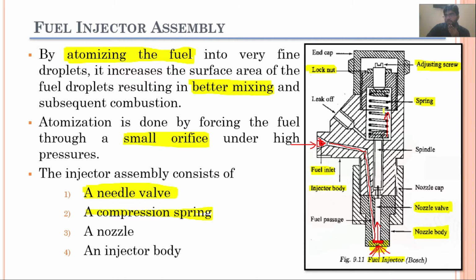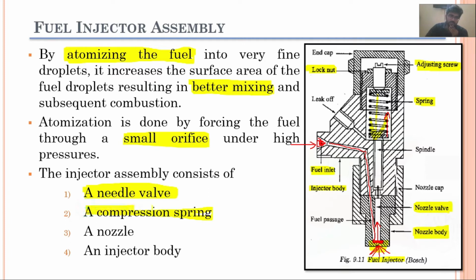It will lift. Now there will be some resisting force in the spring, and when the fuel coming from this fuel inlet has stopped coming, this spring will again push the nozzle valve back to its seat, and no further fuel will enter the combustion chamber.